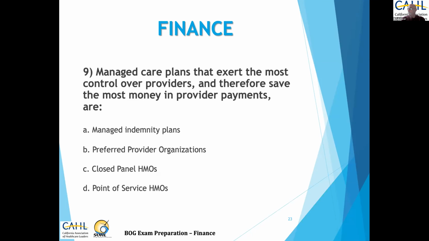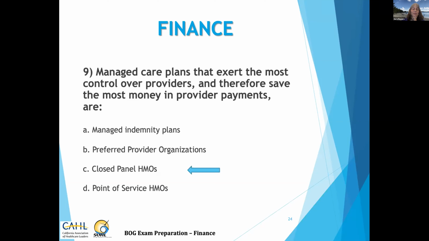And there was one practice question, I think it might have been in healthcare, that gave the continuum from least to most. So we could do that here. Managed indemnity has the least control over the providers, then preferred provider organizations, then point of service. Closed panel, where Kaiser is an example of closed panel, is where the providers are actually in-house functionally. So I would say it's C on this one.